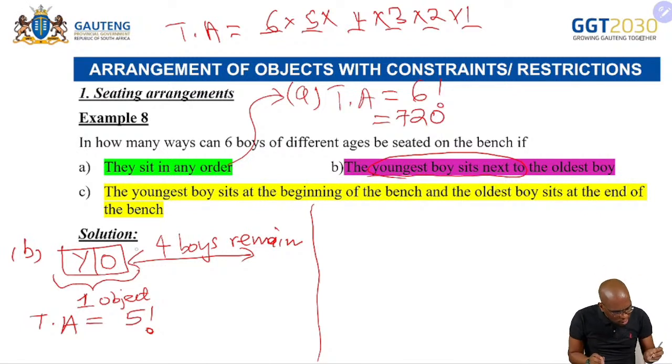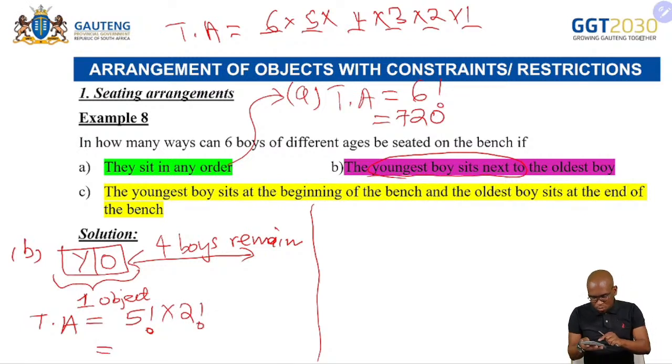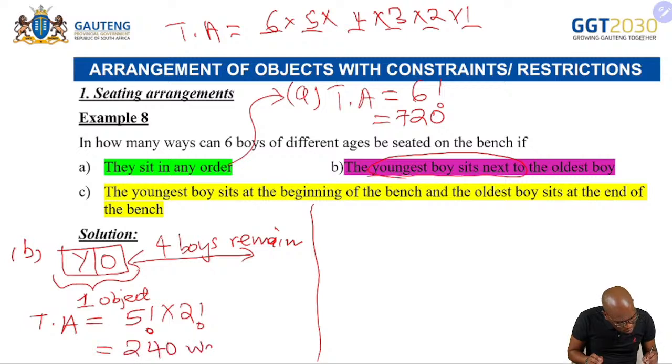In how many ways can they do that? They can do that in 2 factorial ways. So the total number of arrangements would be 5 factorial times 2 factorial. This gives us a total of 240 ways.